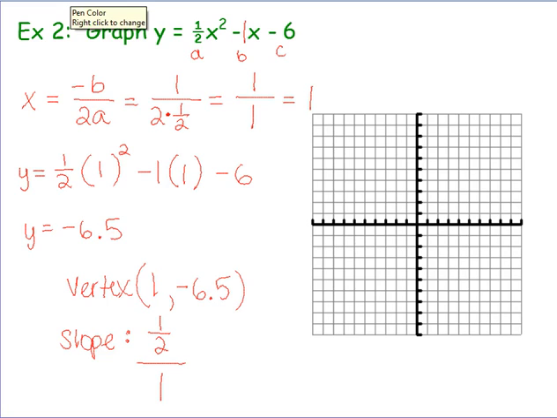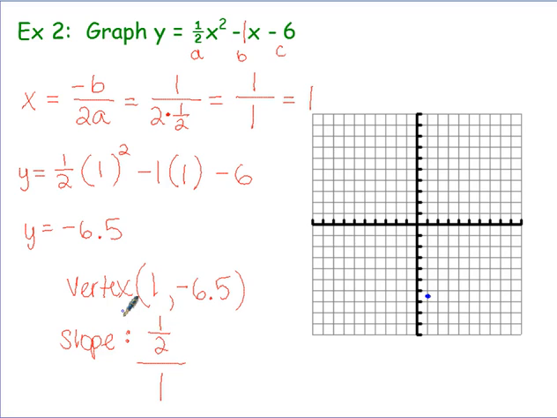First, let's graph this. We're going to go right 1 and then down 6.5 boxes. So right 1 and down 1, 2, 3, 4, 5, 6, and then a half a box. Now, this is all together.